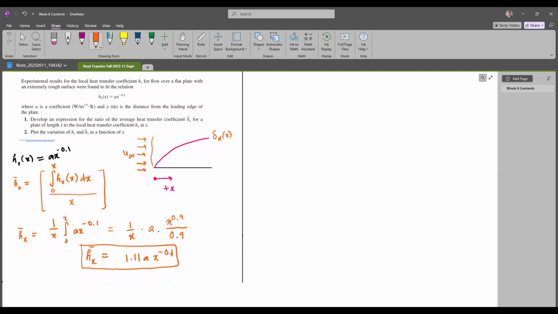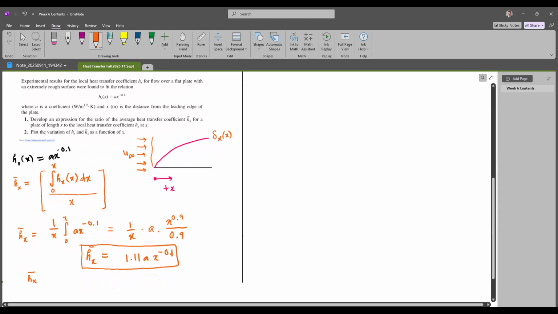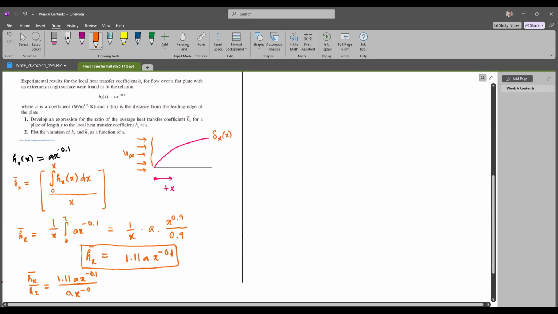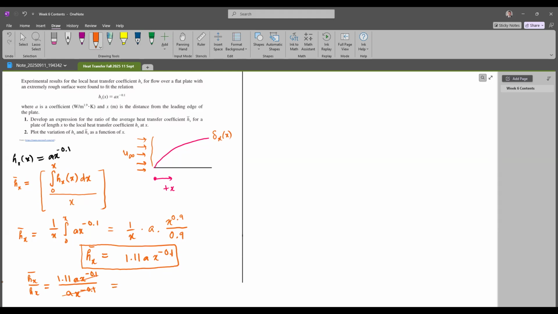So hx bar over hx is 1.11 times a times x raised to the power minus 0.1 over, what is hx? hx is a times x raised to the power minus 0.1. So these terms cancel out and we get the ratio as 1.11. Very simple problem, and we have the solution here.